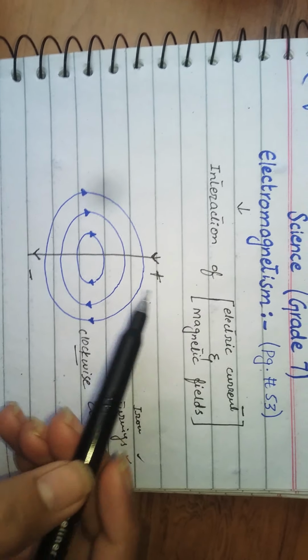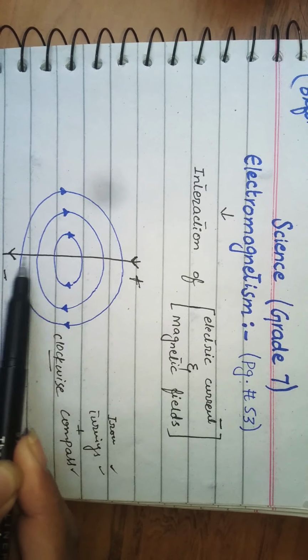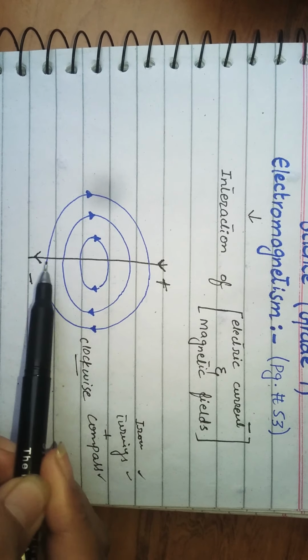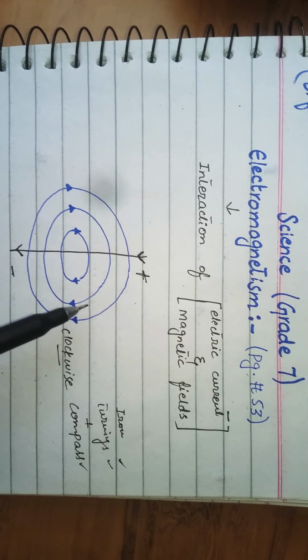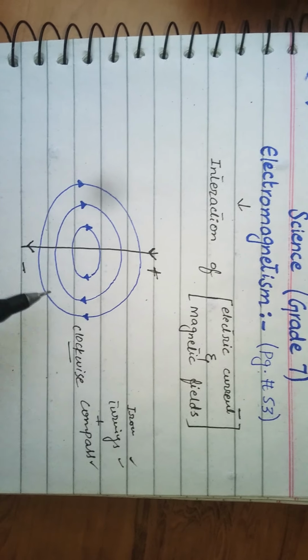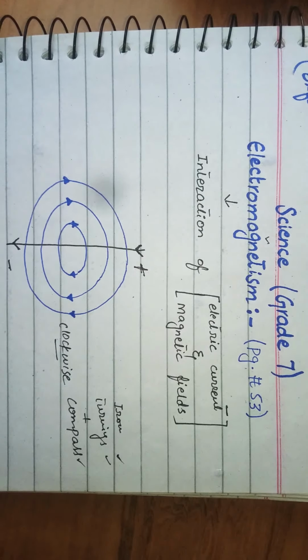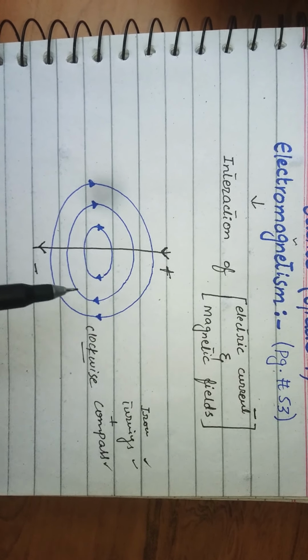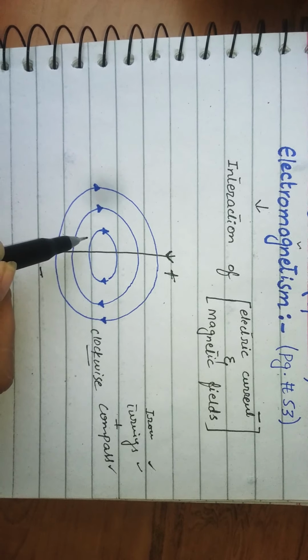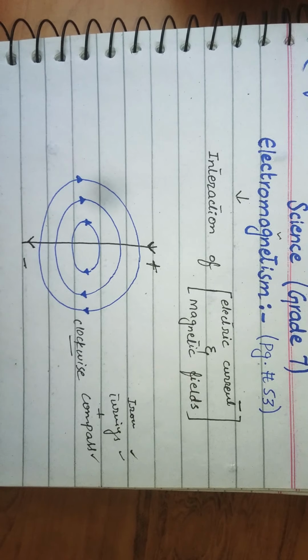Did it become clear to you that this line is showing the electric current and the blue lines are showing the magnetic field around that wire? Here is the electromagnetism.